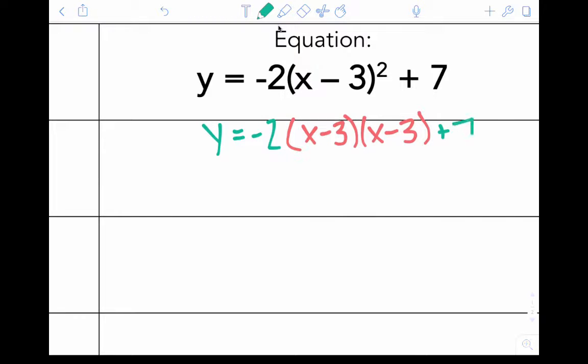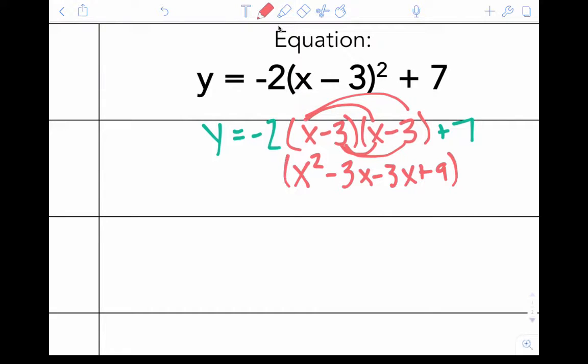But this first step is to double distribute those binomials. So when I do that, it becomes x squared minus 3x plus 9. And then I still have y equals negative 2, and then that plus 7 at the end.